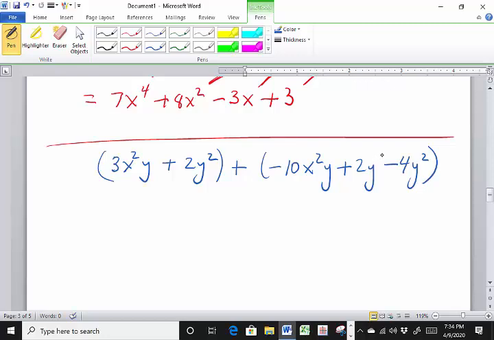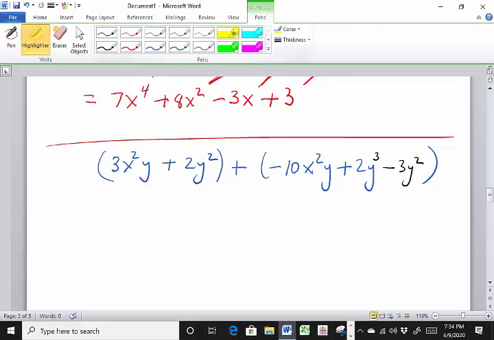Or actually, let's change this around a little bit. Let me write this as 2y cubed minus 3y squared. Let's do that. Okay?